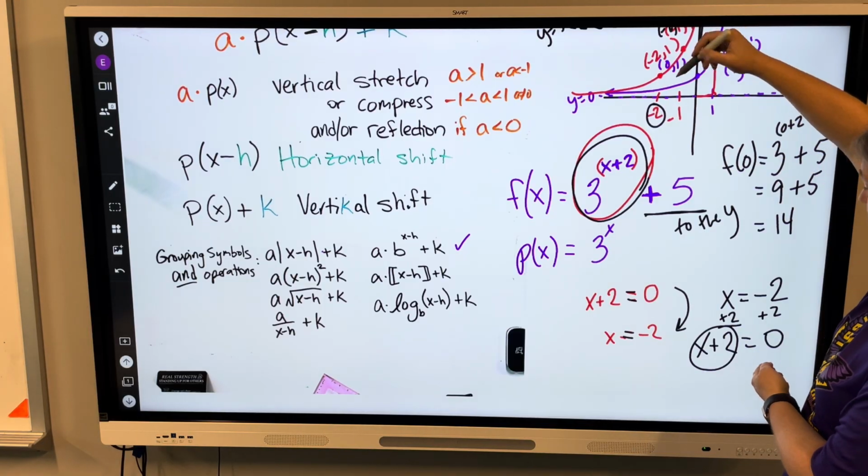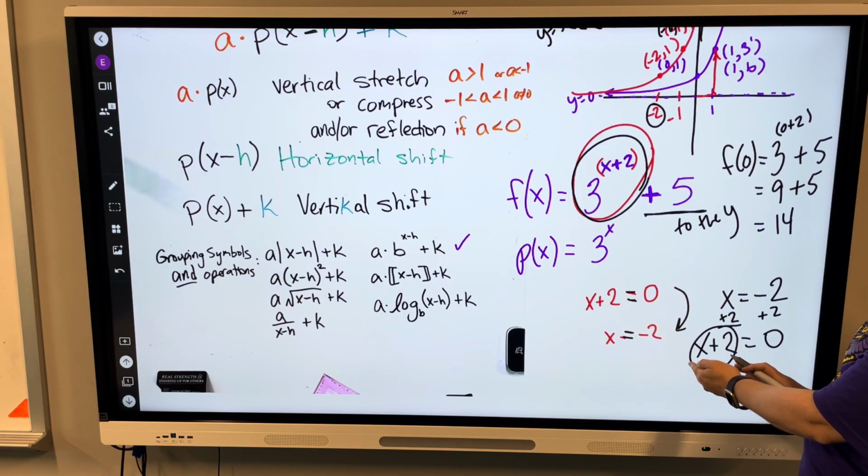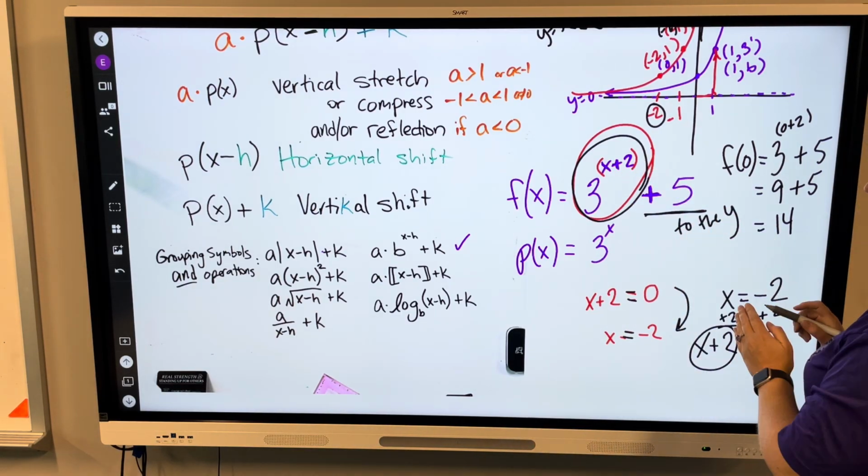If this is my new 0, x equals negative 2, I can rearrange that to get the expression that will be in my function. So this is what I want to see.